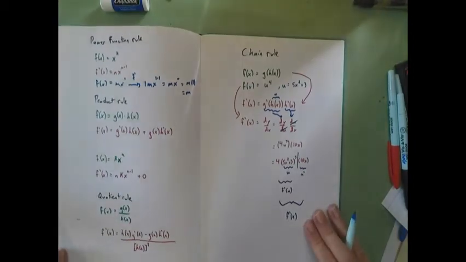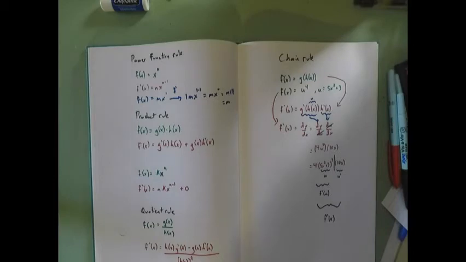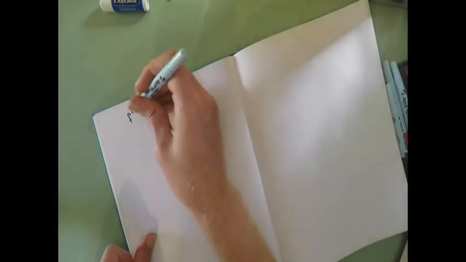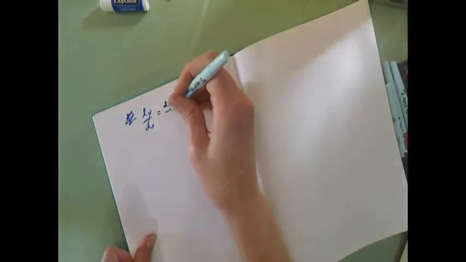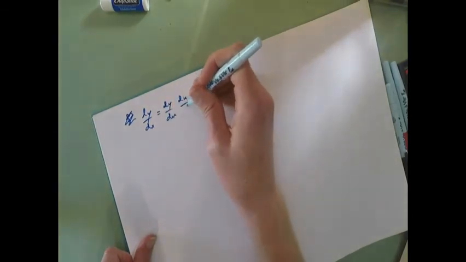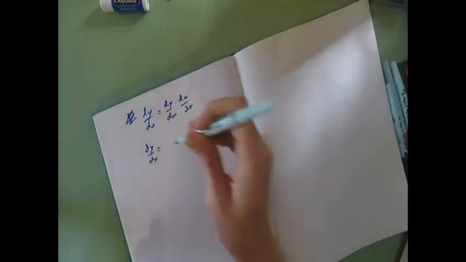All right. Now, let's see how quickly I can do this. We're going to use the chain rule. So we'll say, actually let's call it dy dx equals dy du times du dx. We're going to use the chain rule, and we're going to use the product rule. Let's see, how do I want to do this?